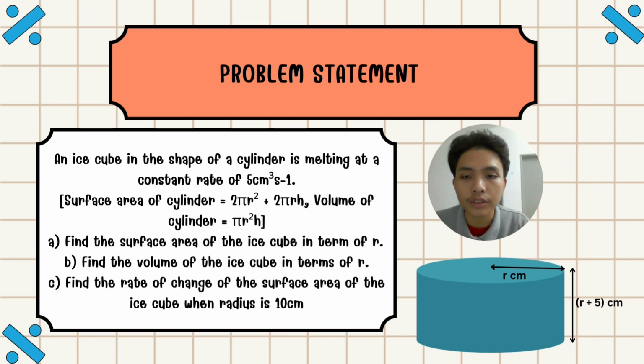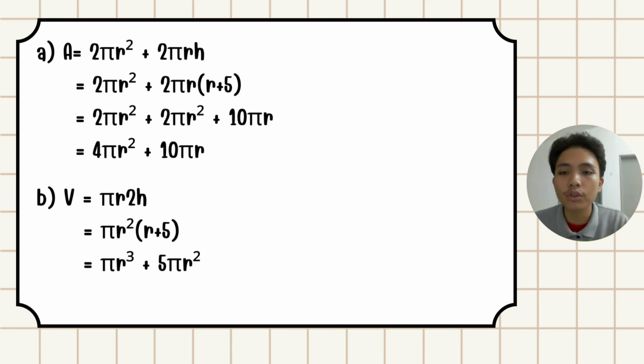First question is find the surface area of the ice cube in terms of r. Second question is find the volume of the ice cube in terms of r. And the last question is find the rate of change of the surface area of the ice cube when the radius is 10 cm. We go to the solution of questions A and B.